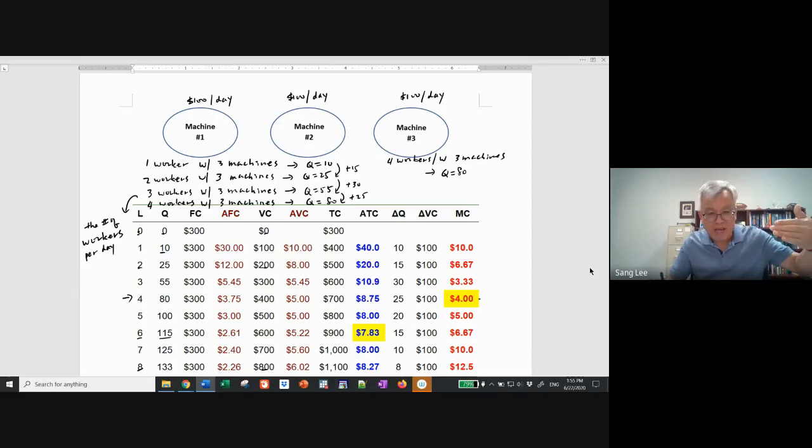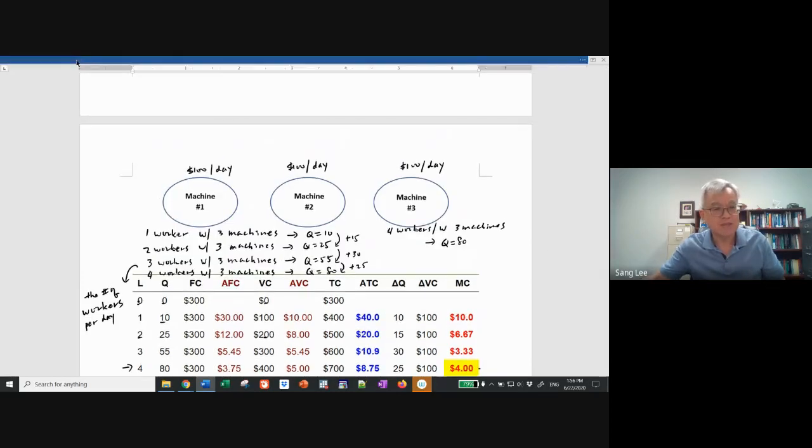Look, when you added the number 3 worker, output increased from 25 to 55. The additional output you get is 30. But when you add a number 4 worker, output is increasing from 55 to 80, but the additional output you get from an additional worker is only 25. Why is that?